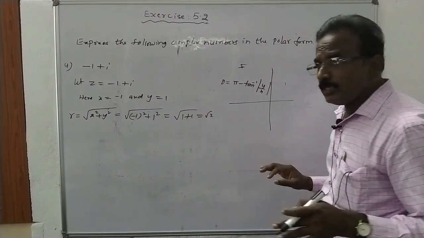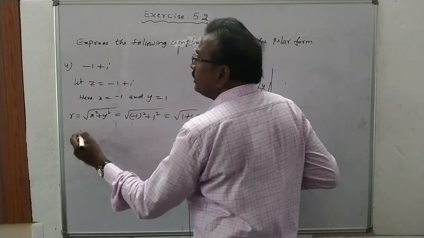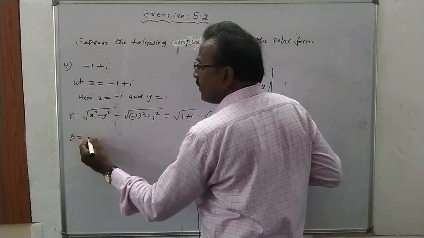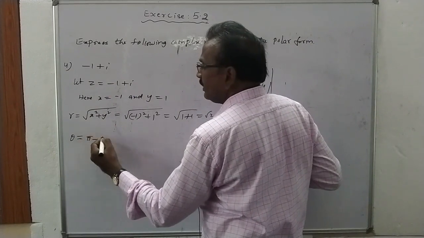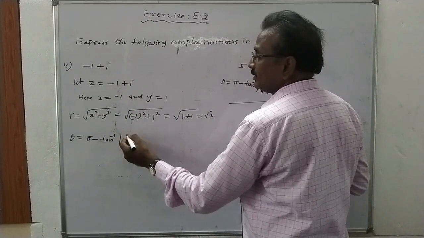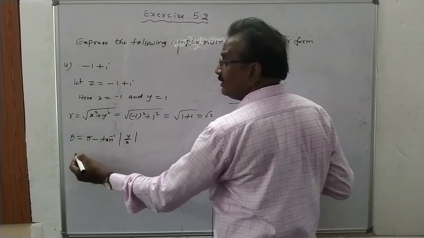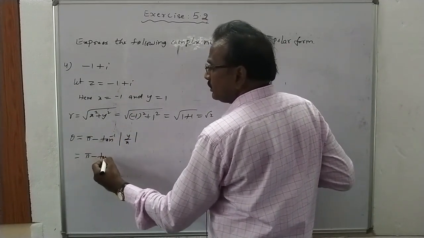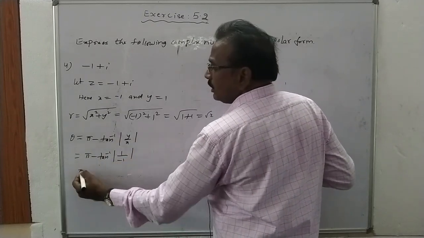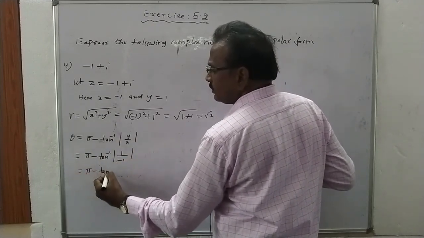Next we need to find the theta value also. Since the complex number lies in the second quadrant, theta is pi minus tan inverse of modulus of y by x, that is pi minus tan inverse of modulus of 1 by minus 1, which is pi minus tan inverse 1.